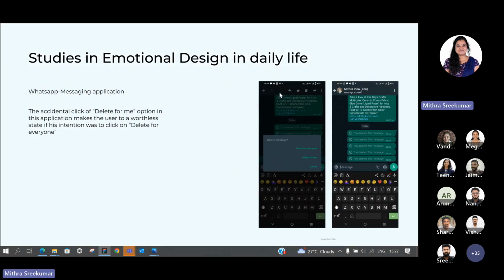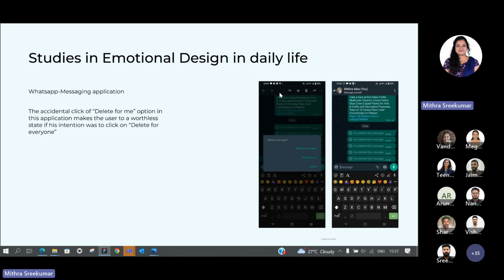And coming to WhatsApp messaging, it is always annoying. Maybe sometimes it creates a fear, as you all might have experienced. I myself have experienced it while deleting a message in a group.